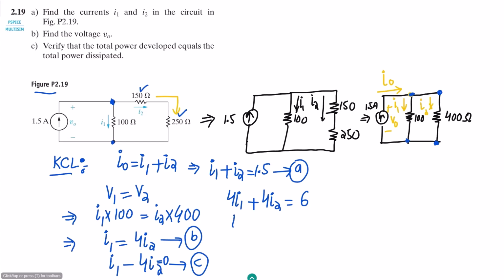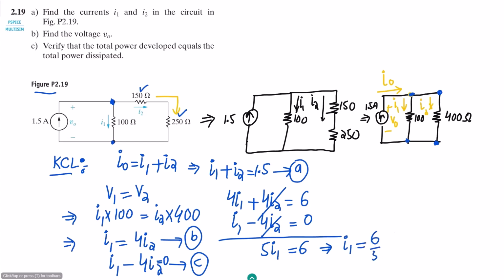Adding them together, the I2 terms cancel out, and we get 5I1 is equal to 6, or the value of I1 is 6 by 5 amperes, which is the answer for I1.